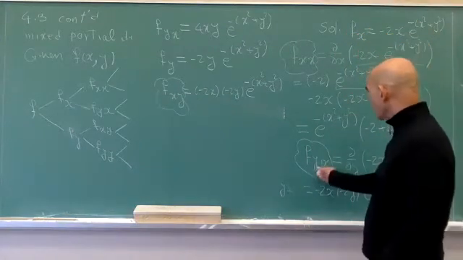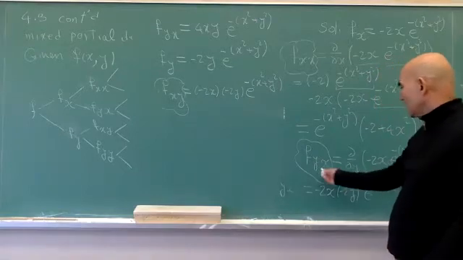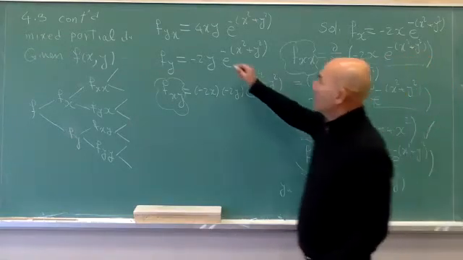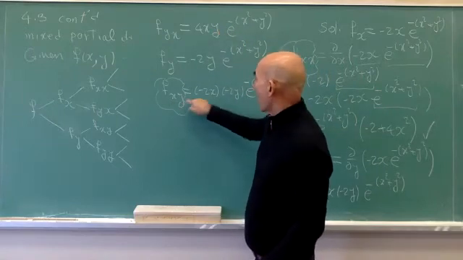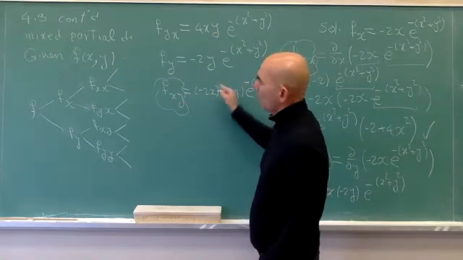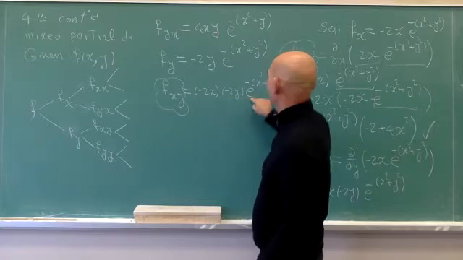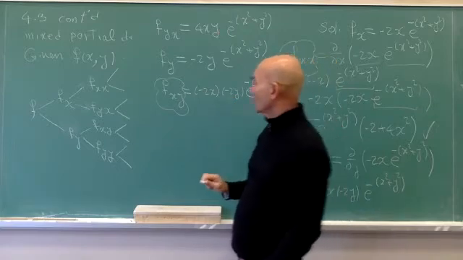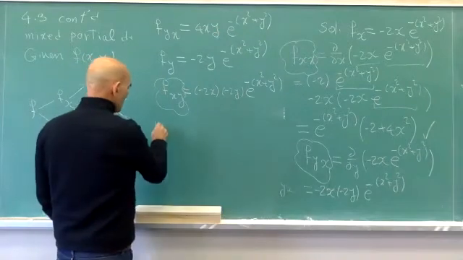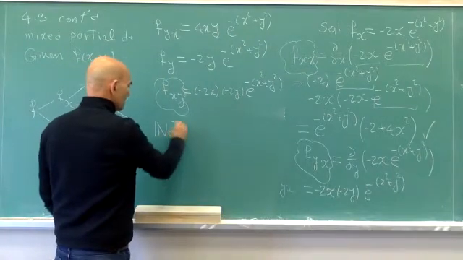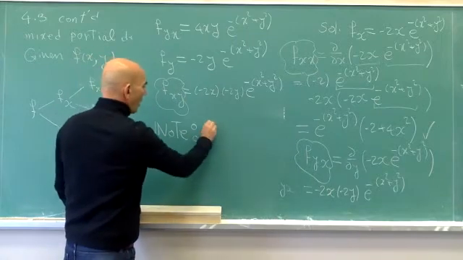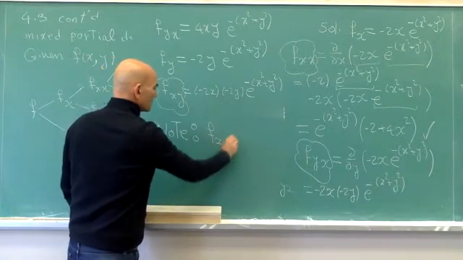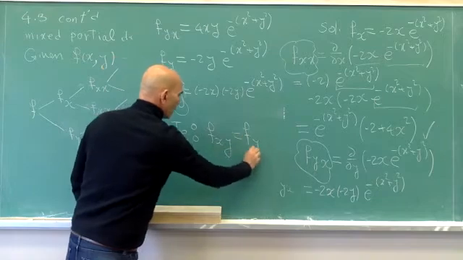You see, the order here, it doesn't matter. Here, fyx, we get 4xy, this factor, and fxy again is 4yx or xy again, e to the minus x² plus y². So note that, and this is very important, note that here we have got fxy equal to fyx.